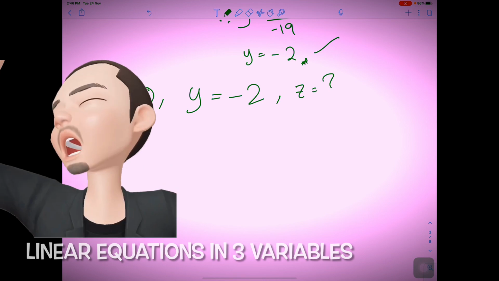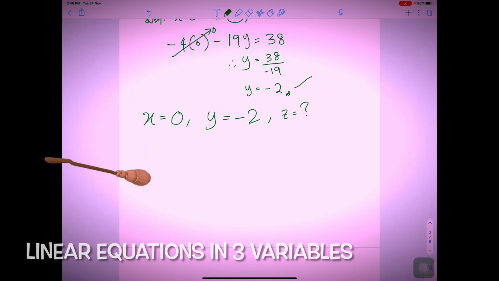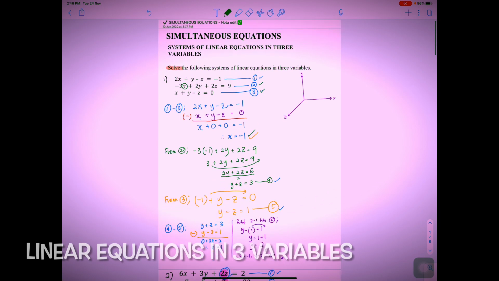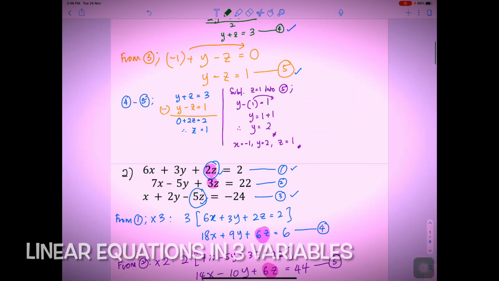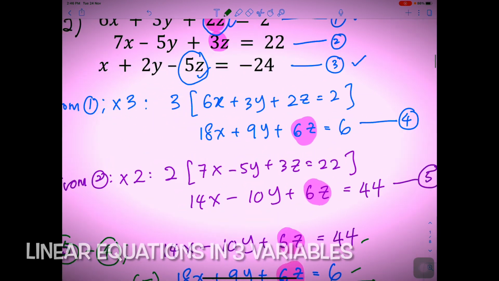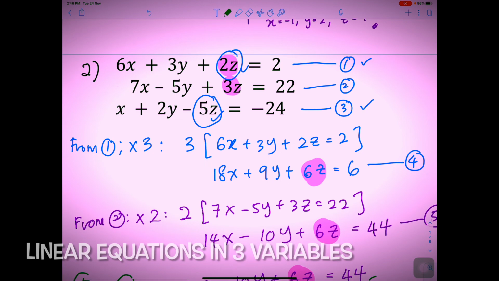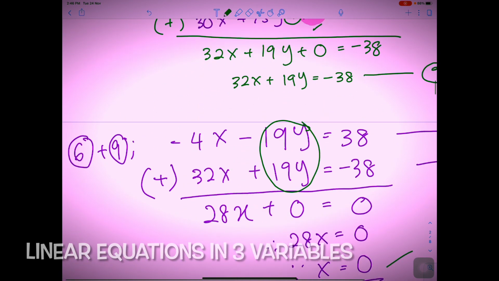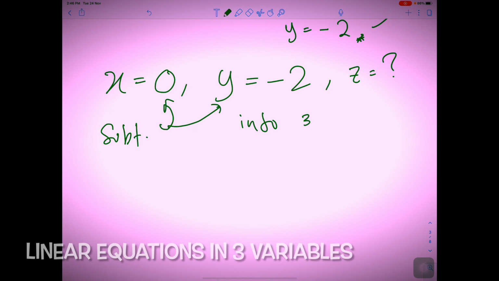So how do we find the value of z? Substitute the values of x and y into one of the equations. These 3 equations are simple, I think equation 3. Equation 3 is x plus 2y minus 5z equals negative 24.